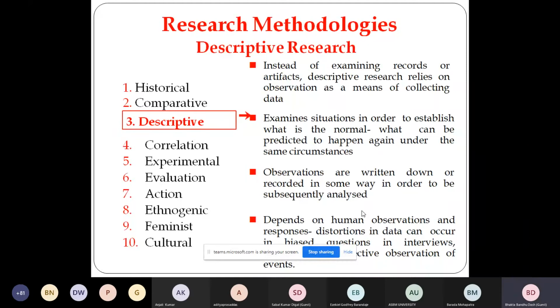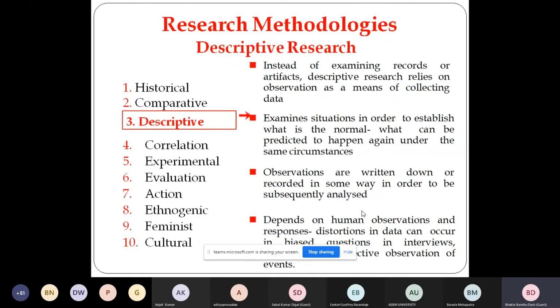So ultimately, this kind of research talks about your own observations. When you collect the information, the data from either a primary source or a secondary source, you go on analyzing it. That can be descriptive research. And it examines the situations to establish what is normal, what can be predicted to happen again under the same circumstances.